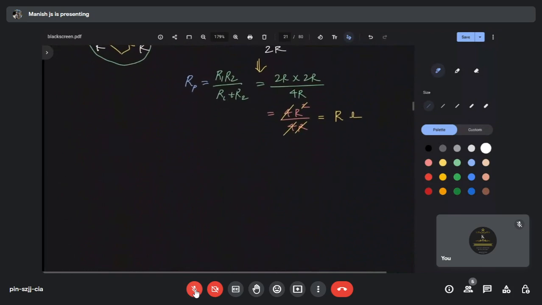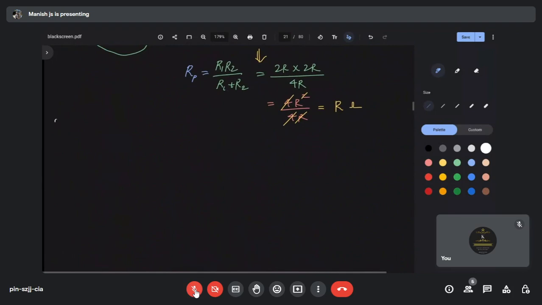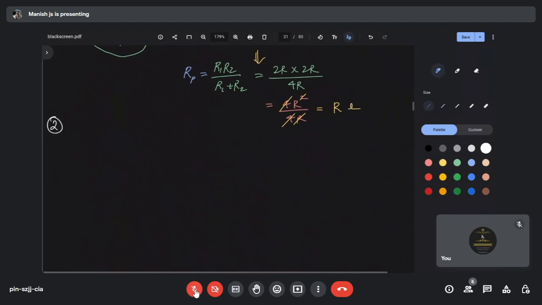The second question for the day. So here comes the second question. I'll give you another model for practice. You can try this as well.